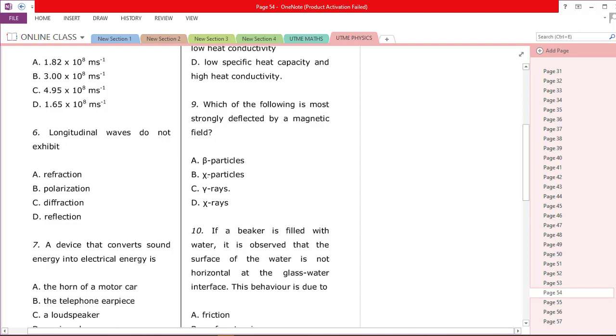So gamma ray has the same property as X-ray, except in only one thing: gamma ray is produced in the nucleus, but X-ray is not. But another thing, they go together. So beta particle is the final answer here.